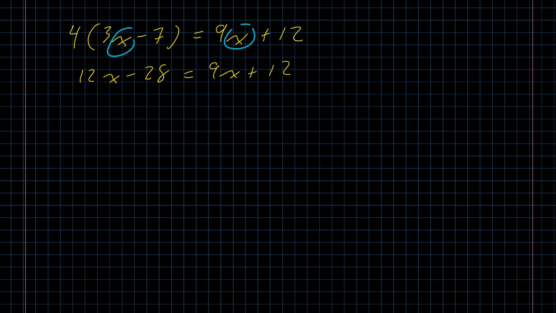Then I can move all of my variables to either the left or the right. Sometimes the equation is going to push you very strongly in one direction or the other. In this case, there's not really much difference. If I move everything to the left, I will have a positive coefficient, and that makes life ever so slightly easier. So I've got a 9x over here. To get rid of 9x, I'm going to want to subtract 9x.